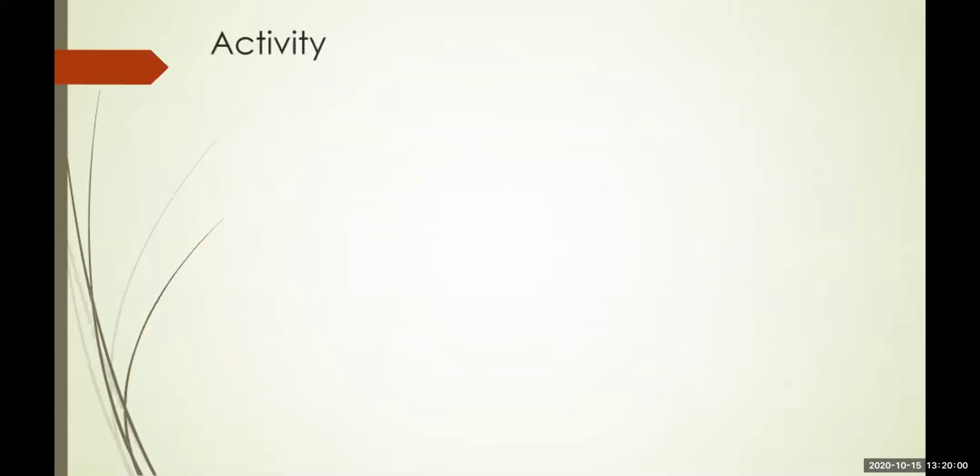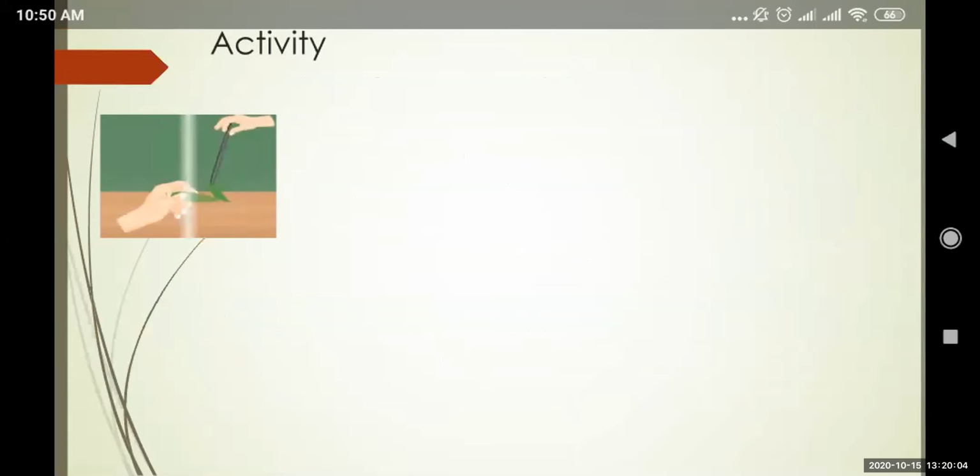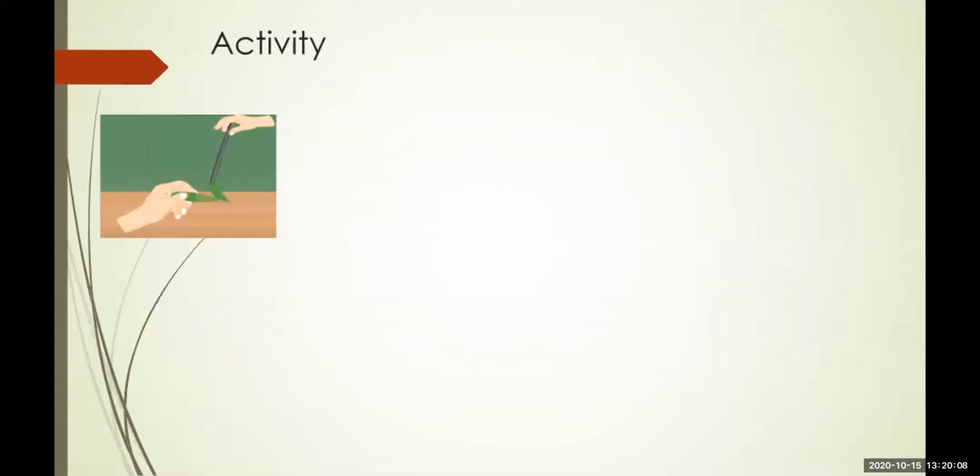Now, before studying in detail, we have one activity in our book, and that is about the rohio leaf. What we have to do is take a leaf of rohio or lily plant, then squeeze it a little and cut it in such a manner that we get a very thin layer of it.